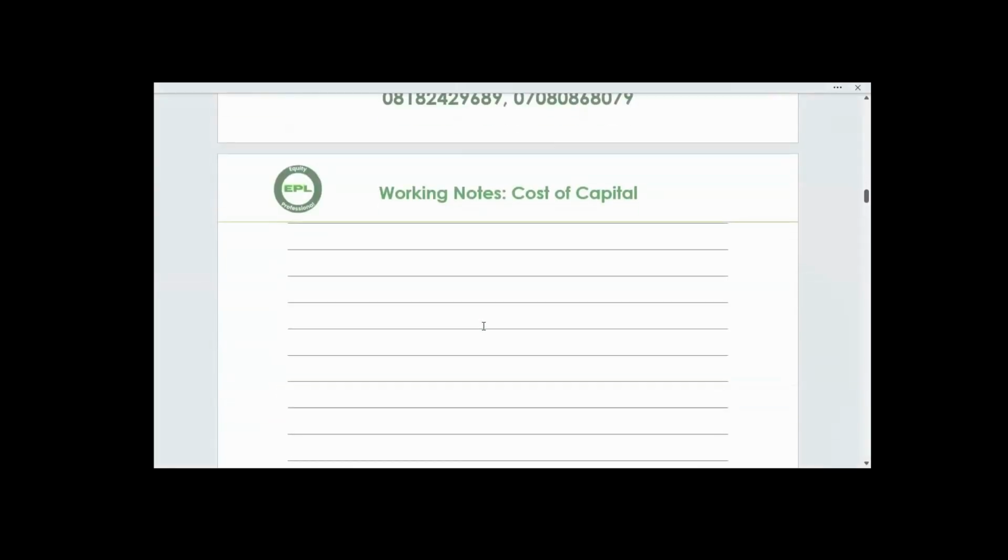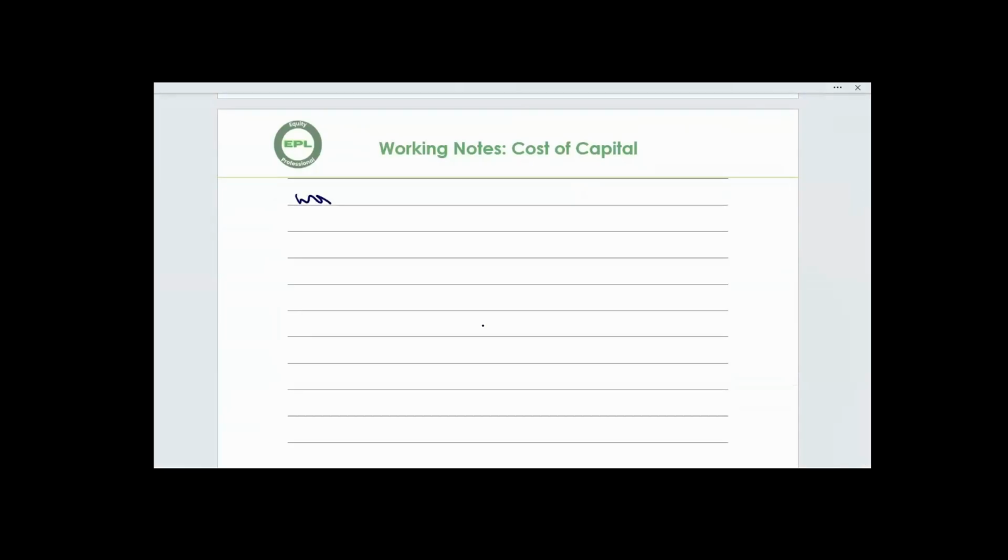Let's come here and do the working. So I will say working. I want to calculate the total market value. Working number 1, market value of the preference share is calculated as number of shares multiplied by ex-div share price.